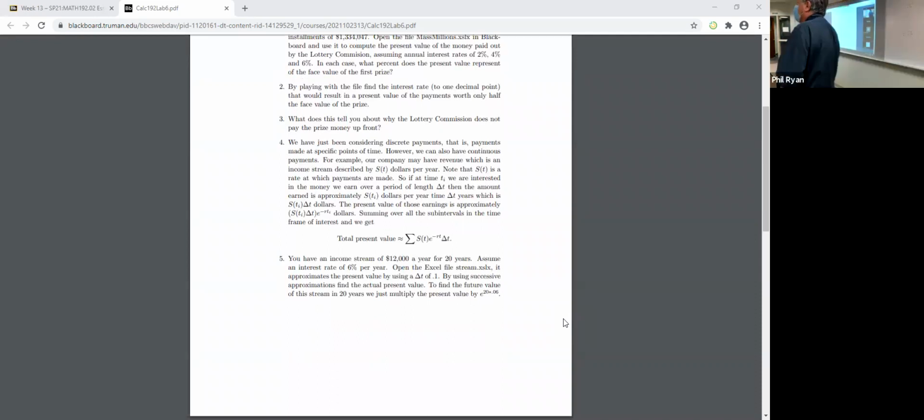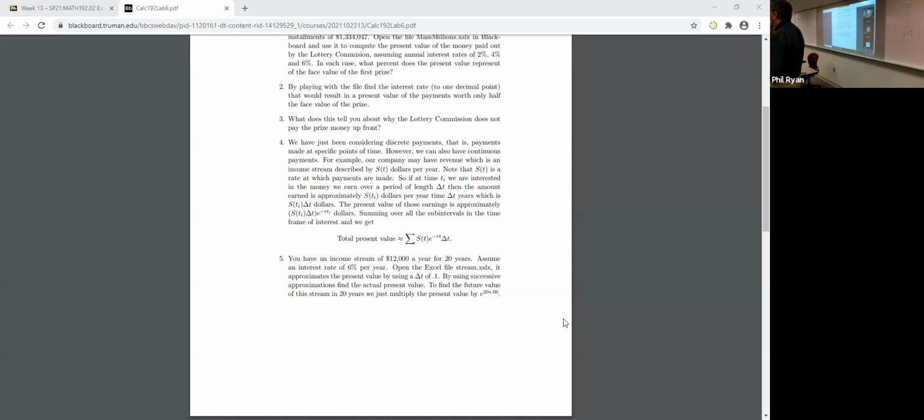So what we considered last Thursday, that's an example of discrete payments. What we talked about on Thursday was income streams. Of course, money is a discrete thing. People give you payments, a set amount at a set time. But if you're in a business, you can often think of your money as continuous.